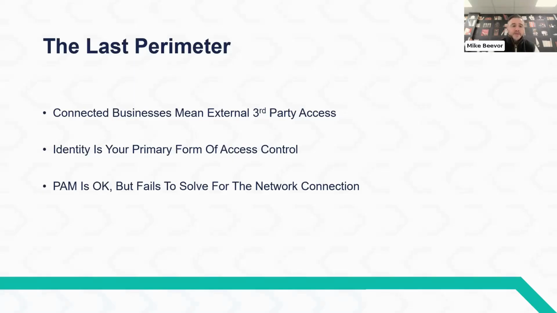The reason for that comes down to identity. Identity is your primary form of access control. If you haven't looked at your identity strategy, then I urge you to do so. Knowing who is accessing your environment is as important as the access itself.